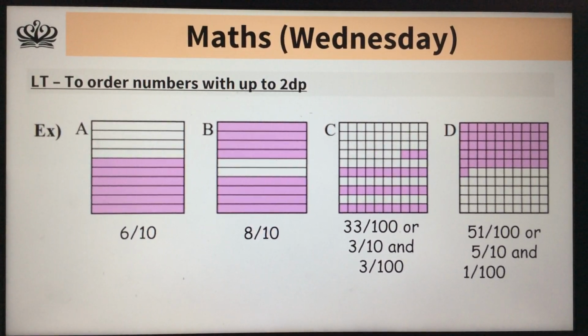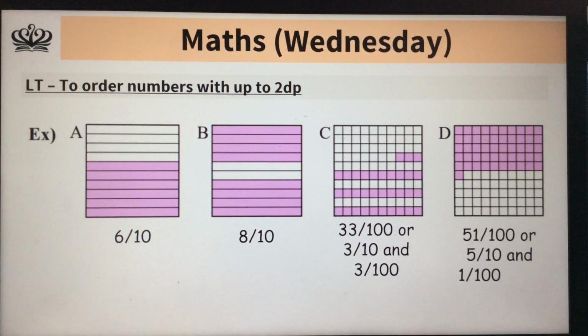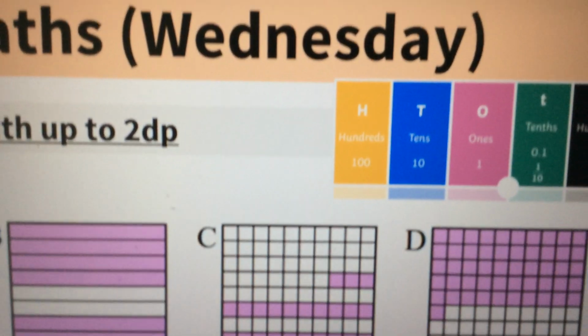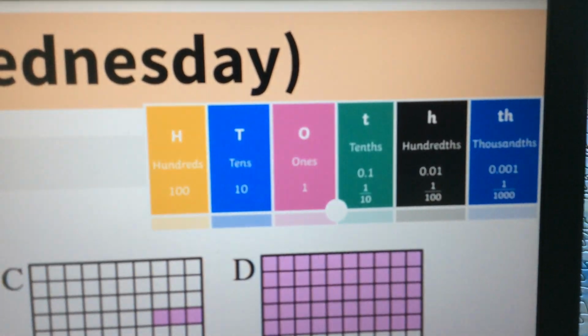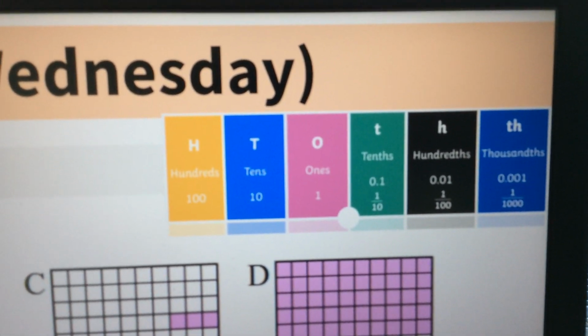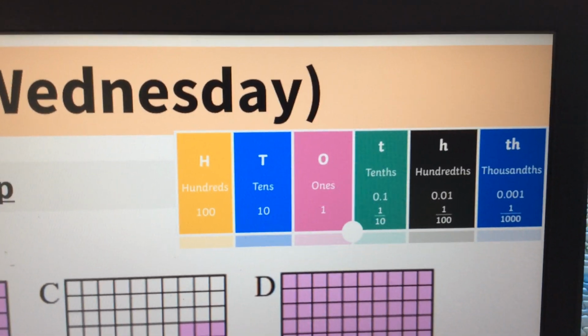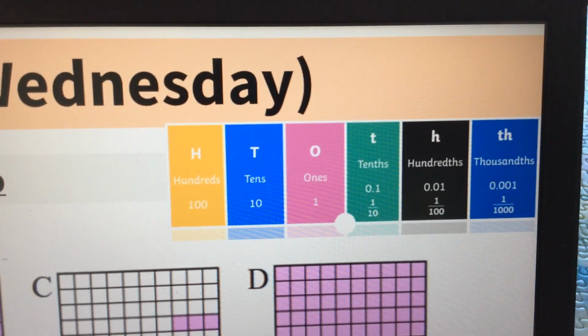Once I've got those as fractions, I can then convert those fractions to decimals, okay? So I've put again here this, which I know that lots of you have been using, this place value grid, okay, which just helps me to remember those words and where they are placed in terms of that decimal point, okay?